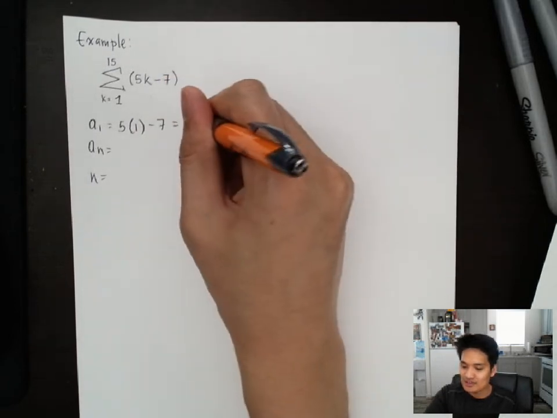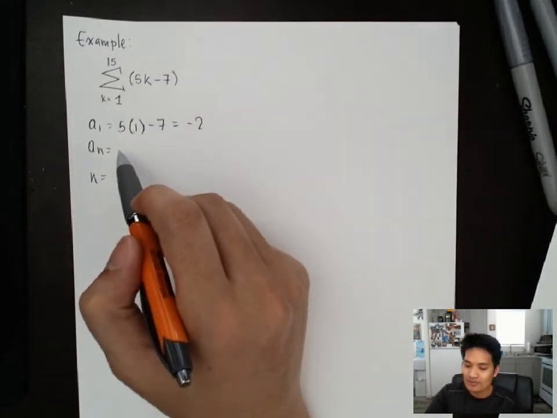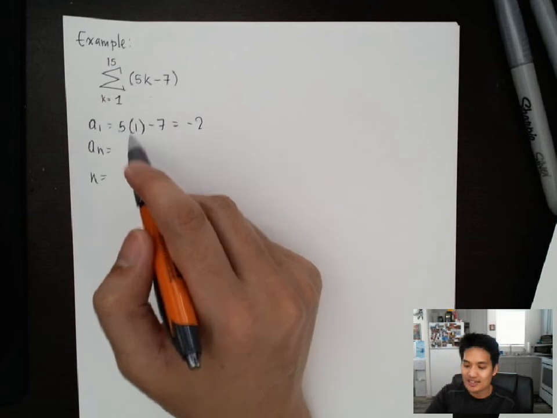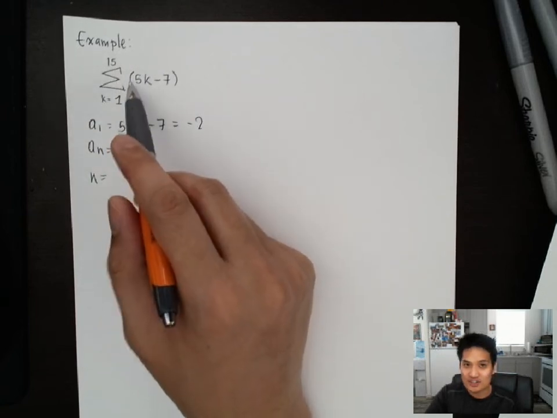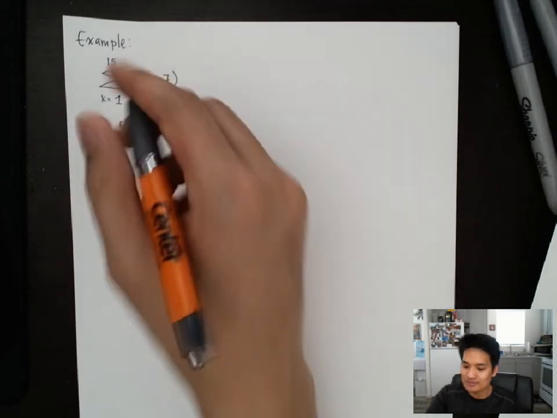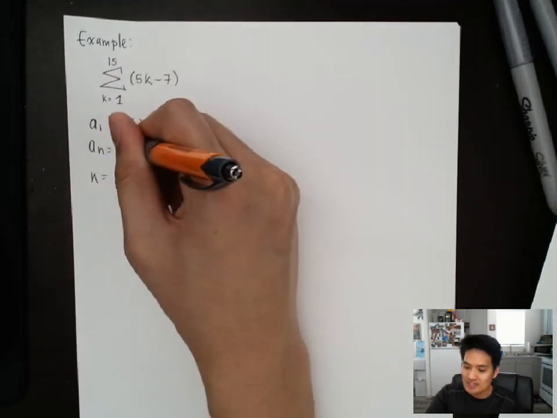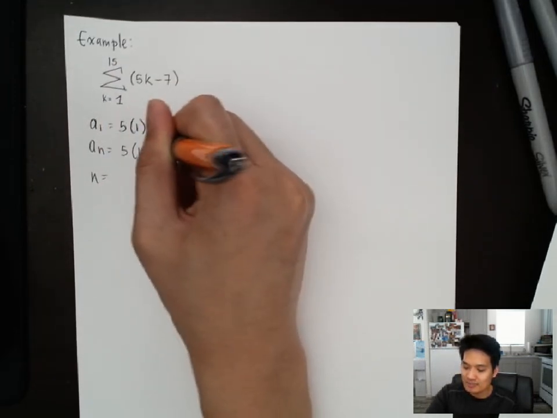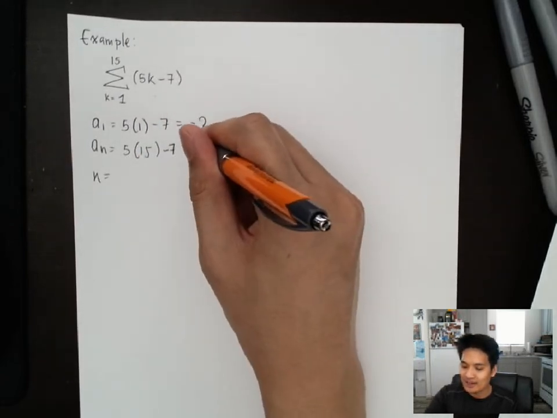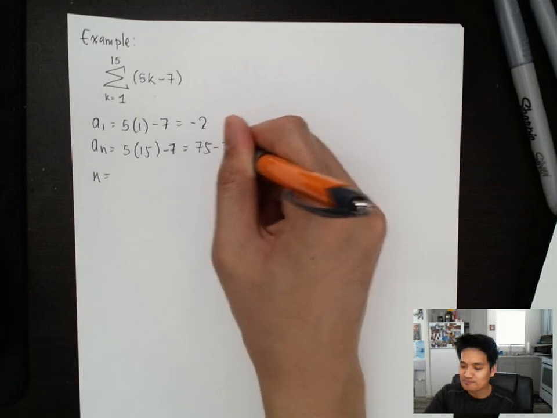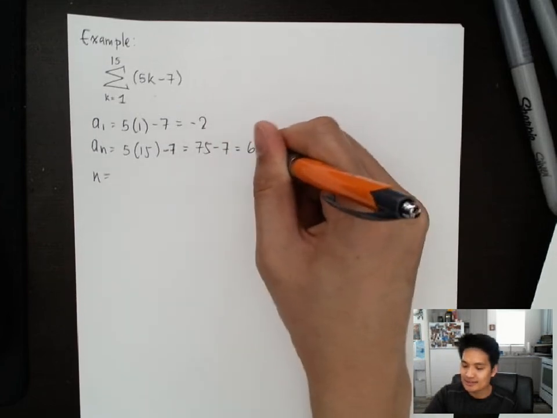This gives us negative 2. And then for the last term, we plug in 15, because this determines what is the last term that we're going to plug into our equation. So it's 5 times 15 minus 7, which in this case gives us 75 minus 7, which is 68.